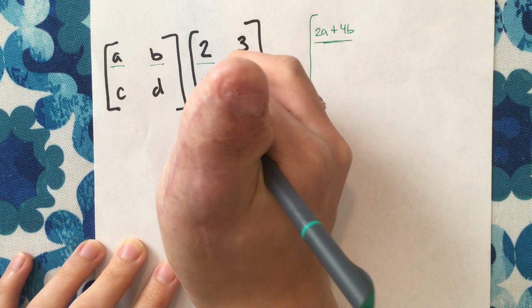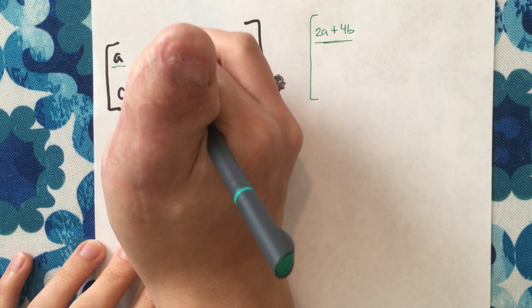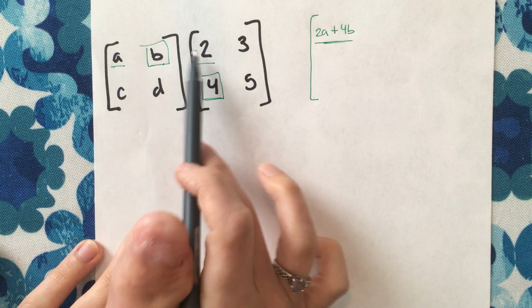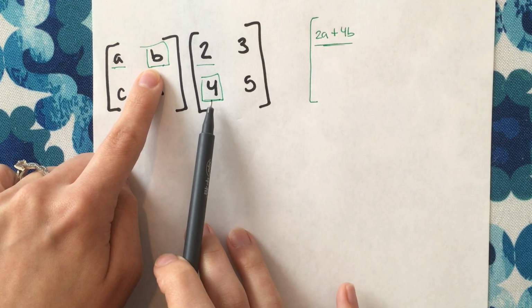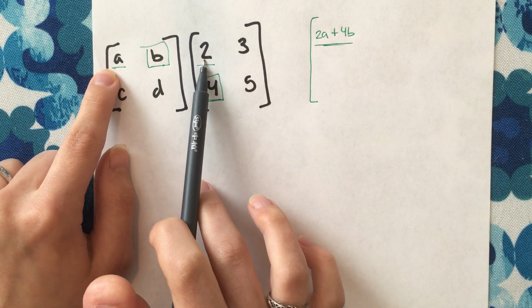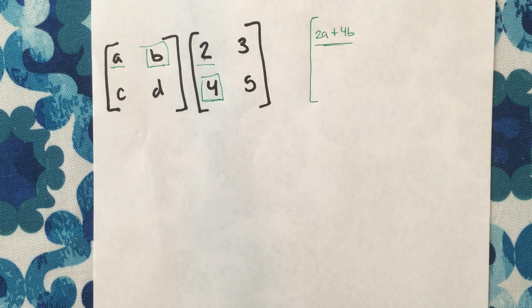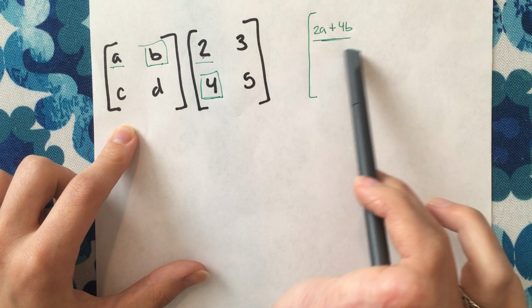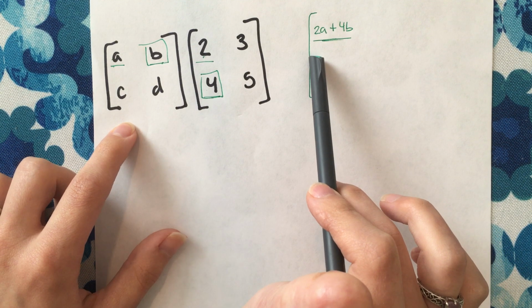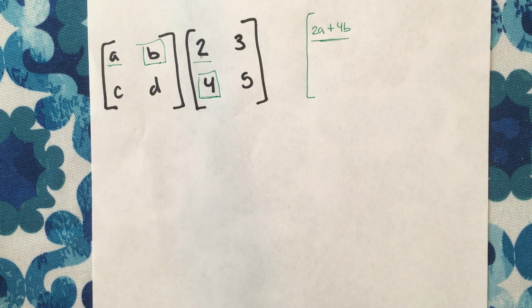So we'd have 4B. So I multiply these two together, and then I add them together. Okay? So multiply the two in the box, multiply the two that are underlined, and I add them together. Since this was the first row in the first column, it gives me my A11 element of the matrix.